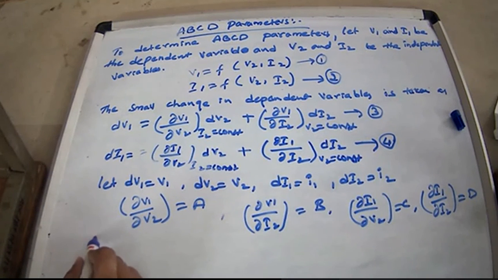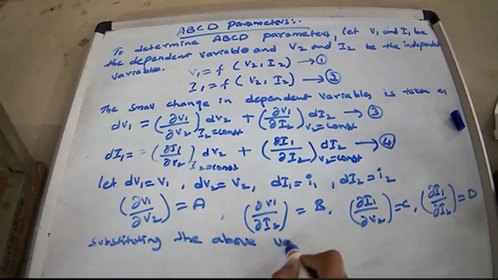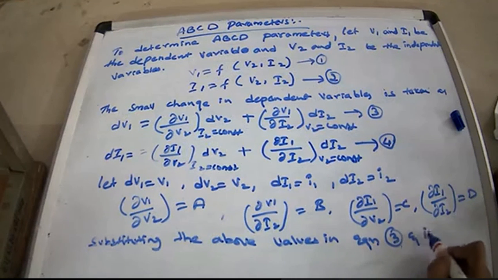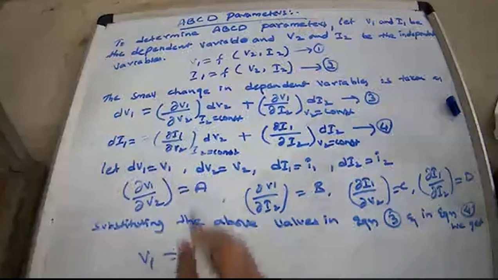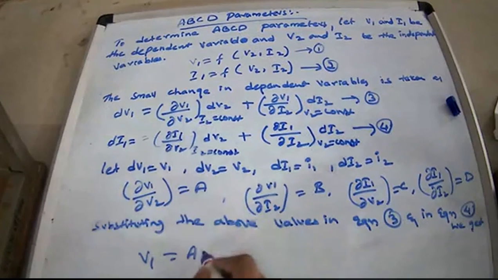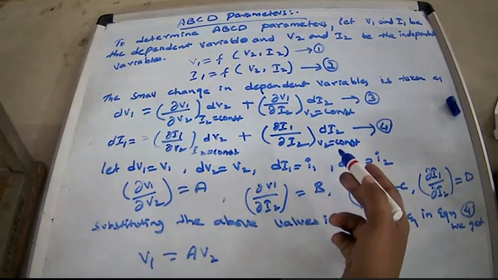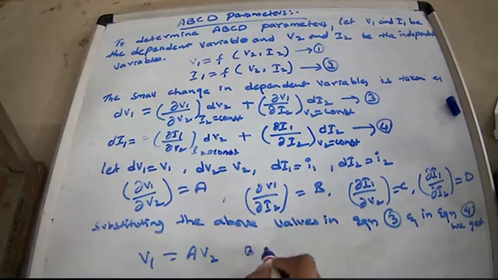Substituting the above values in equation 3 and in equation 4, we get V1 is equal to A V2, then we have the value dou V1 by dou I2, which we take as B, and dI2 as I2.